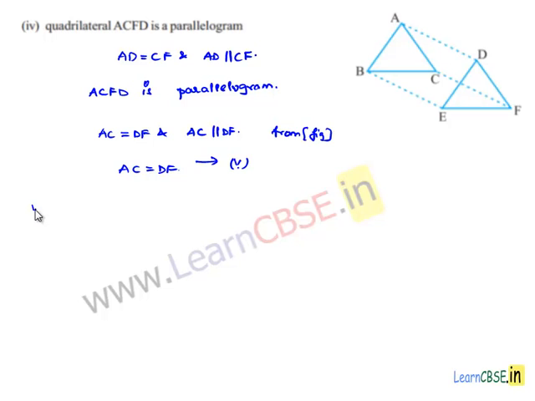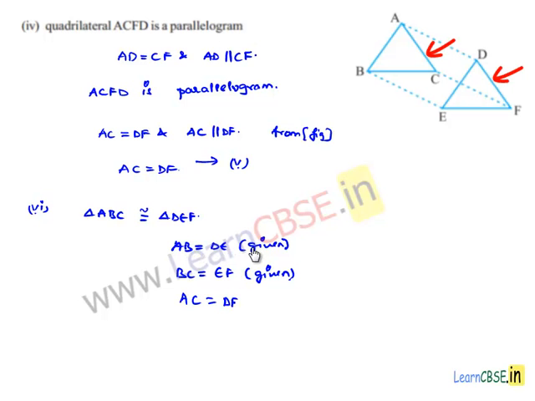Now finally, in the sixth part, he asked us to prove that triangle ABC is congruent to triangle DEF. He has given that AB is equal to DE in the first case and BC is equal to EF in the second case, and finally we got that AC is equal to DF from the fifth proof.